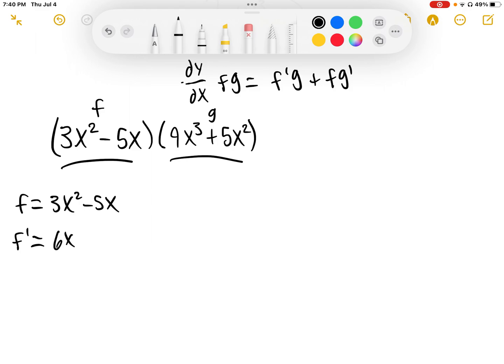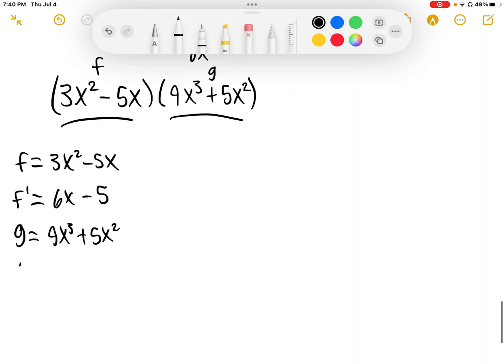So 6x minus 5. Whenever you have something x to the first power, it just becomes the coefficient. And then we have g equals 9x to the 3 plus 5x squared. G prime equals, multiply, 27x squared plus 10x.